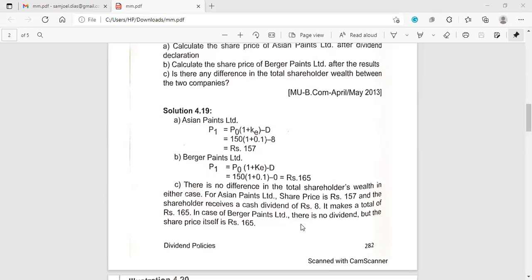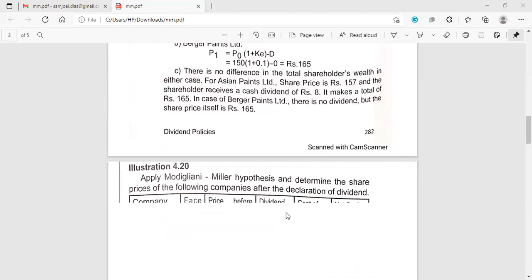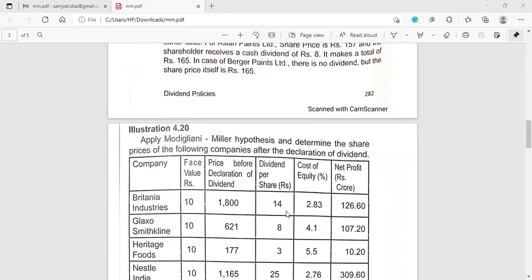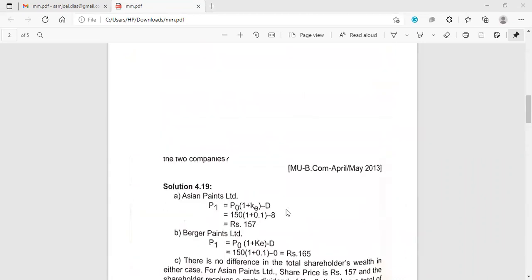But in the case of Berger Paints also, in spite of not getting a dividend, the market value of shares stood at rupees 165. That makes no difference in the gains of shareholders of Asian Paints and Berger Paints Limited. So both will gain at the same value. So this is the conclusion of this problem.